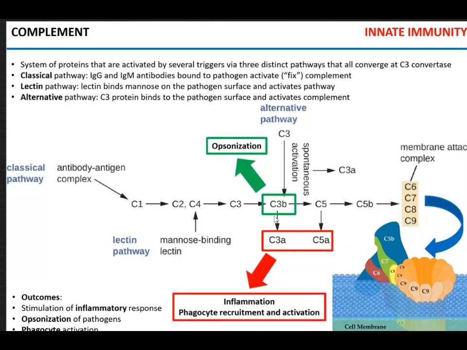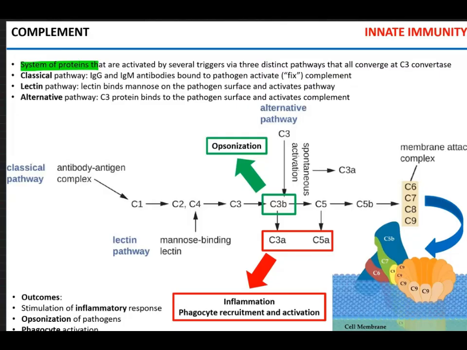Complement, or worst nightmare of any immunology student. Okay, so complement is the system of proteins. It's produced in the liver, not associated with any specific cells. One of the oldest systems of immune protection in animals.